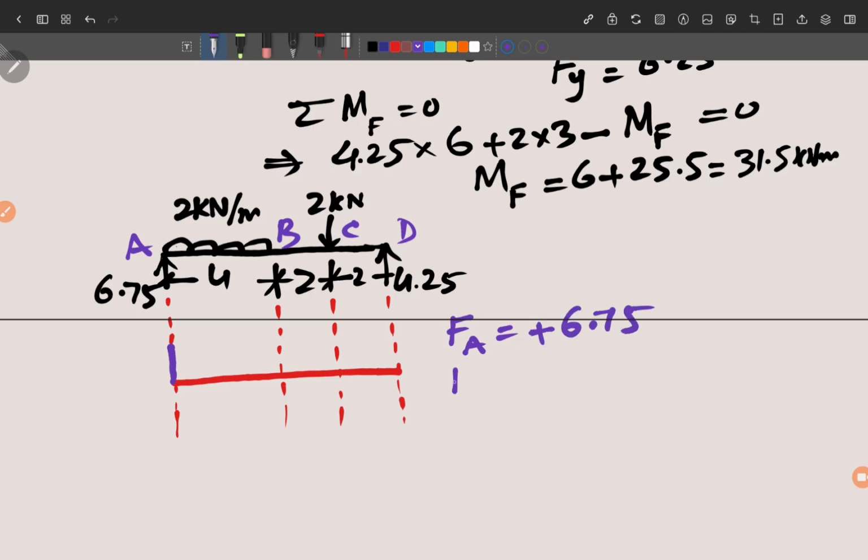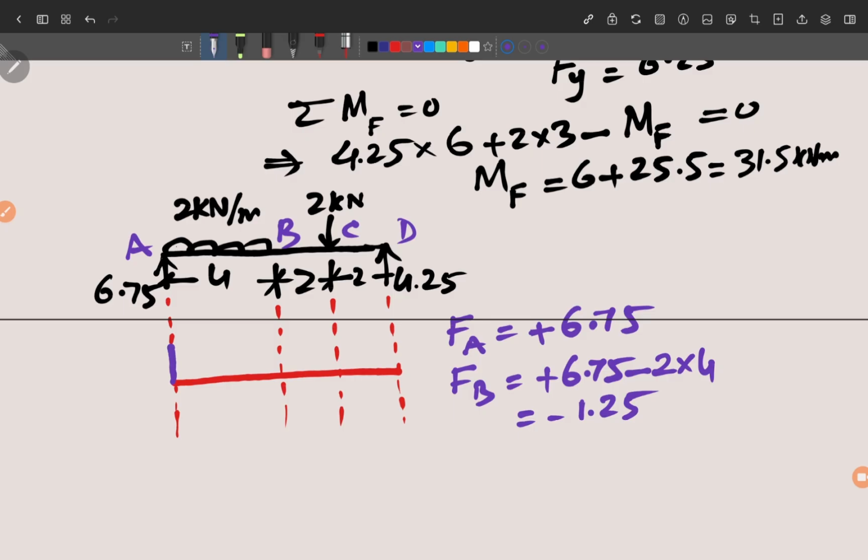Now if we calculate shear force at B, you can simply see the values of these forces on the left hand side of point B. So 6.75 is upward. Then there is a uniform load of 2 kilonewton per meter for a length of 4 meter, and that load is acting downward, so with minus sign, 2 into 4, and this simplifies to minus 1.25.